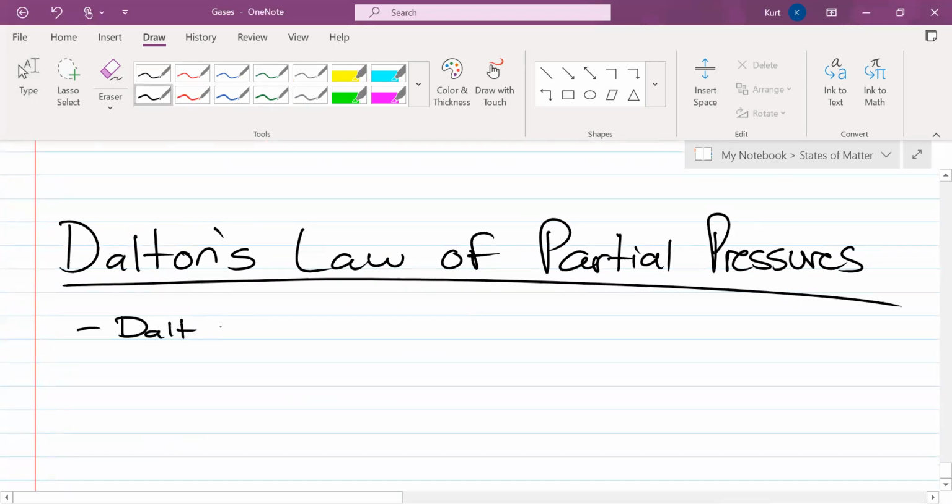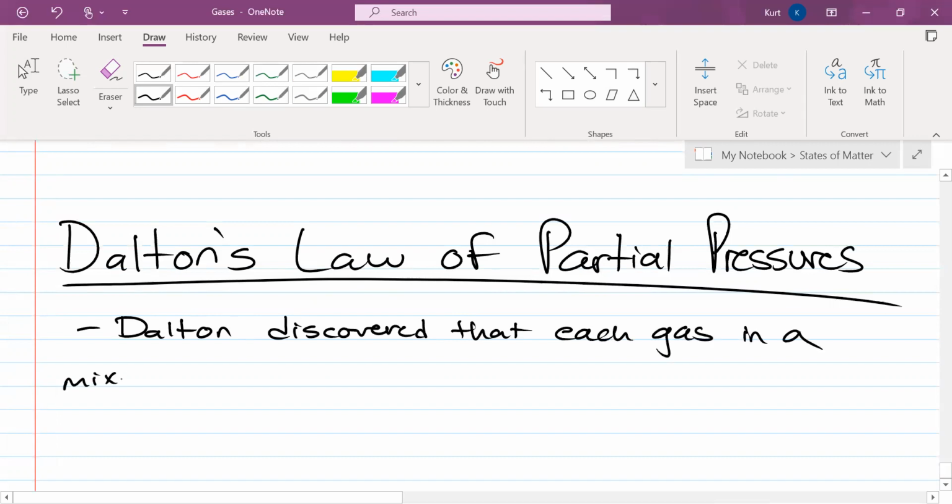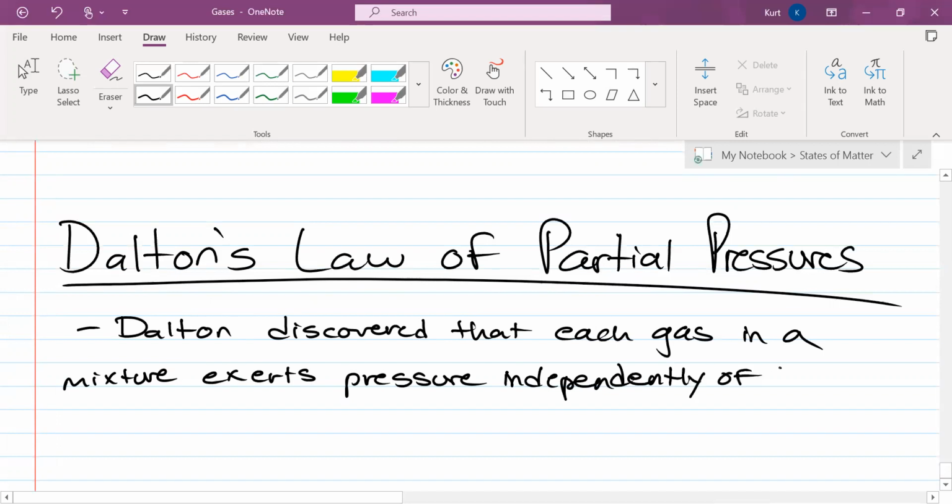Dalton discovered that each gas in a mixture exerts pressure independently of the other gases. So they all basically exert their own force without the others.